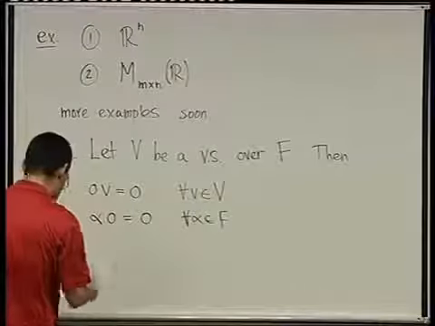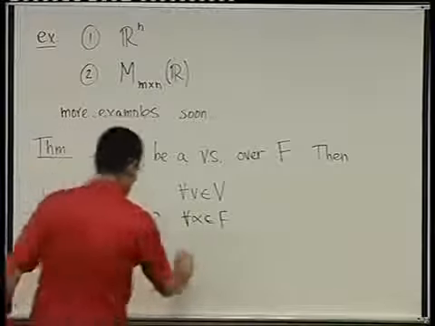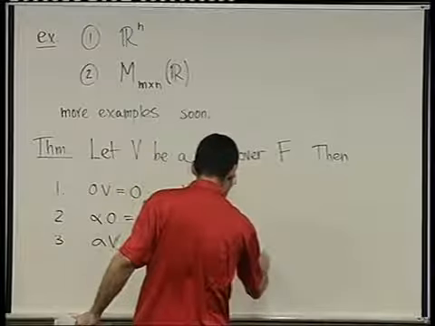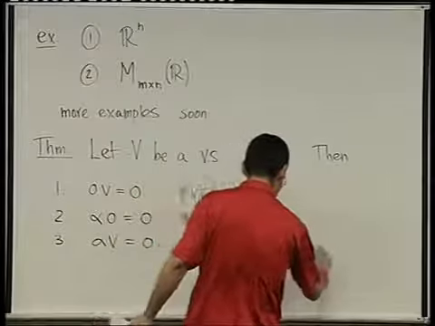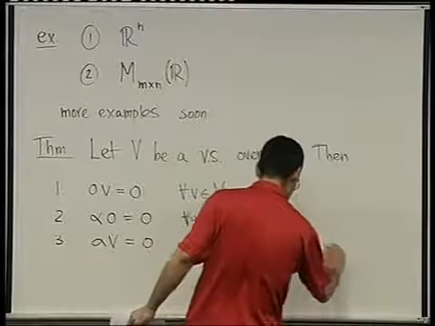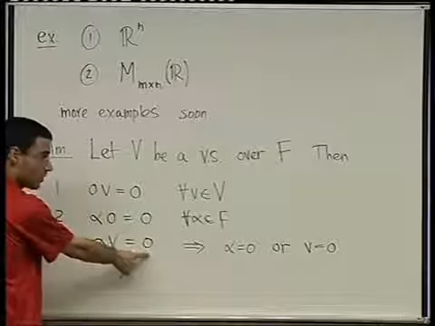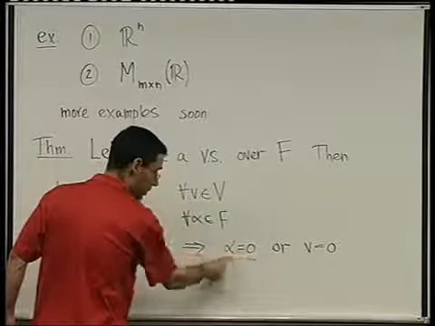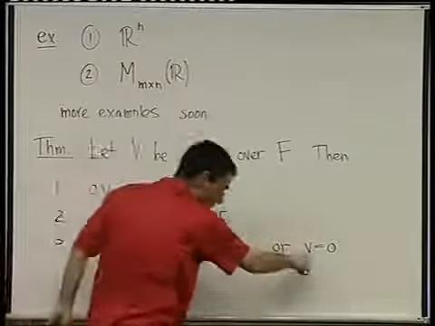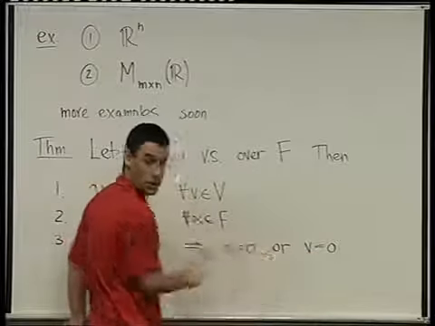Property number 3: alpha v equals 0 implies that alpha is 0 or v is 0. So if you take the product of a scalar times a vector and you get the 0 vector, either alpha was 0, this is the 0 scalar, this is 0 in F, or v is 0, this is the 0 vector, and this is the letter O in English.